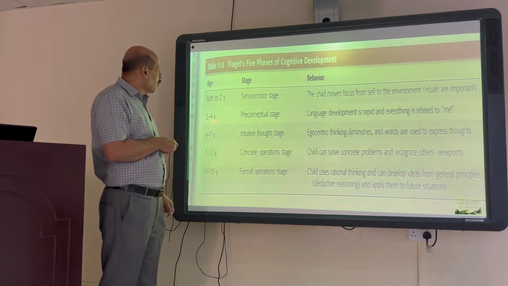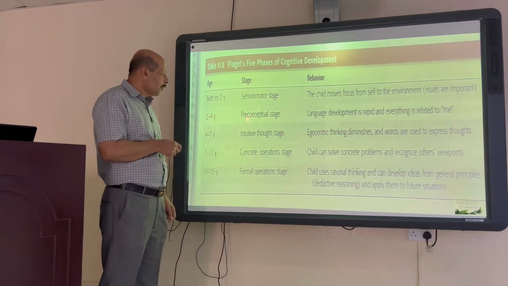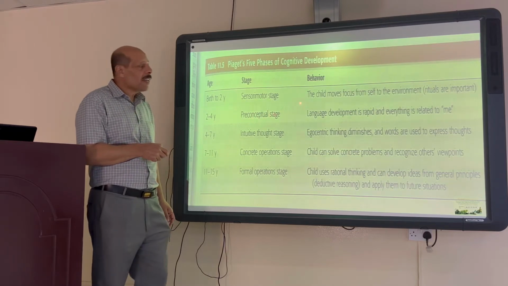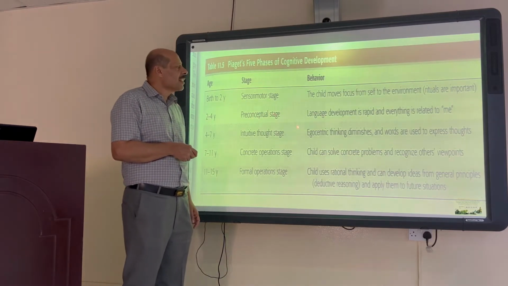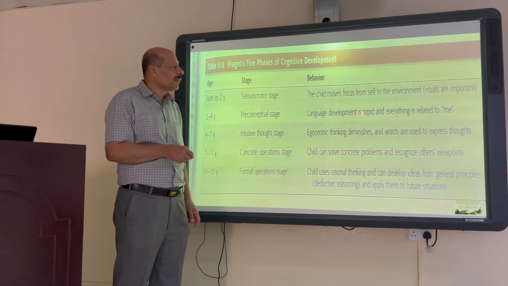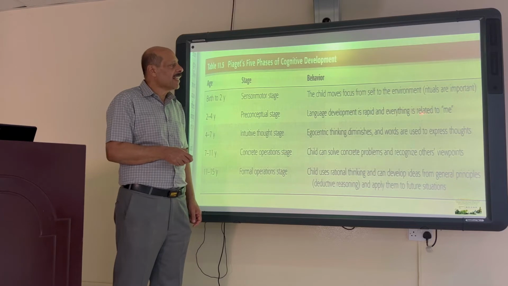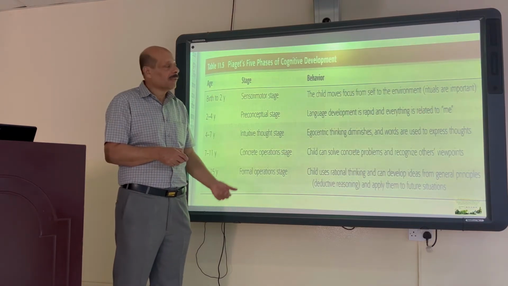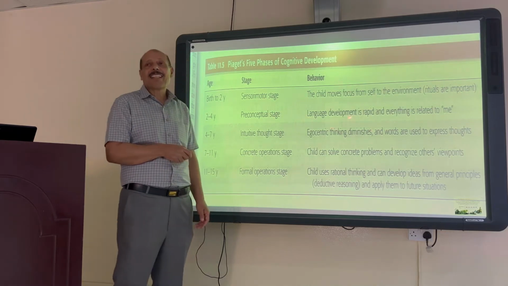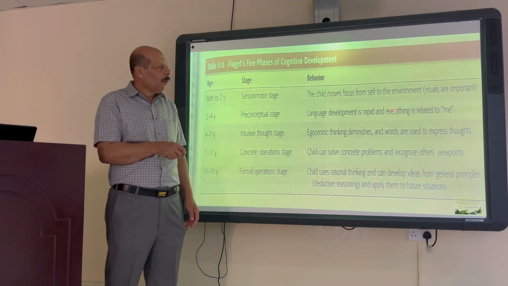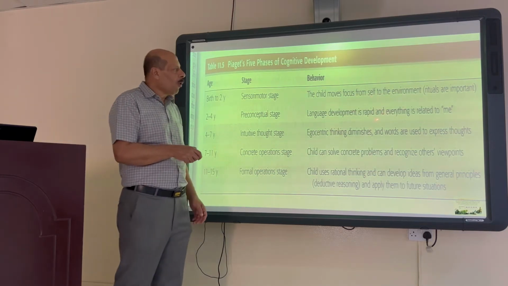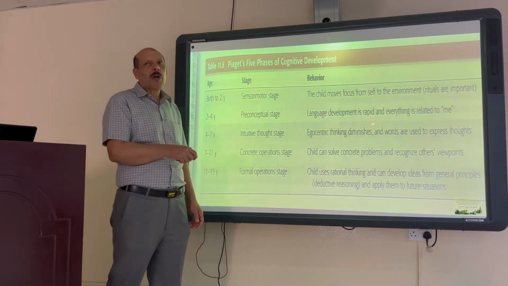From age 2 to 4 years, which is the pre-conceptual stage. This starts with language development, which is rapid, and everything is related to me or to himself. So he is trying to learn all the words which refer to him.